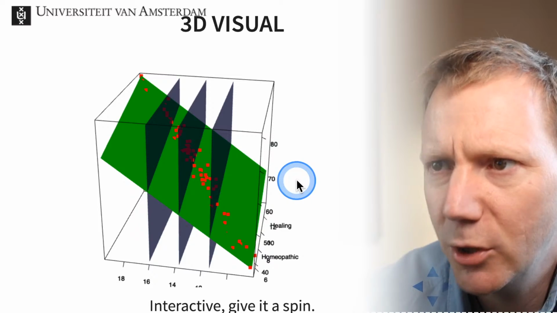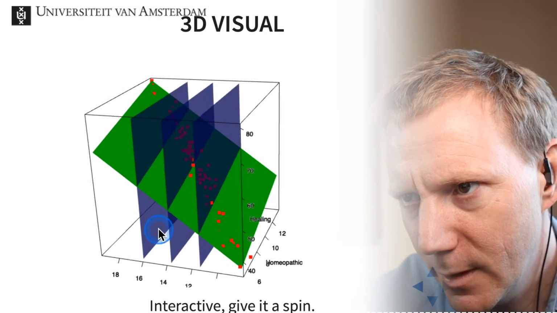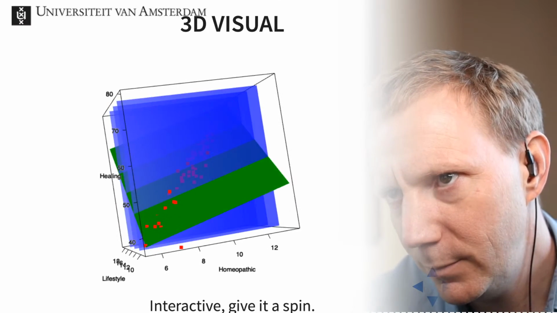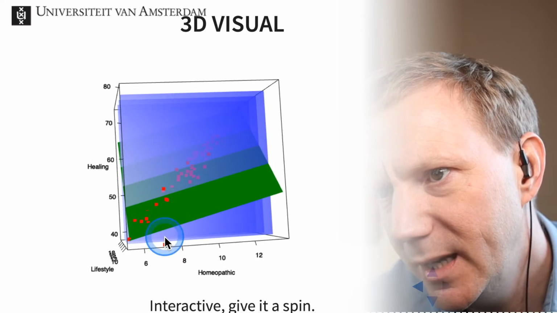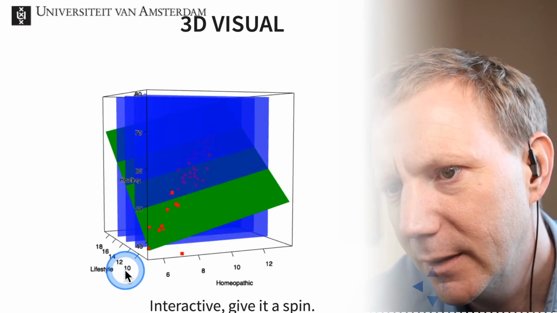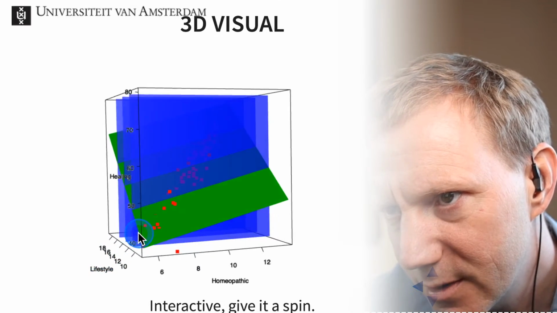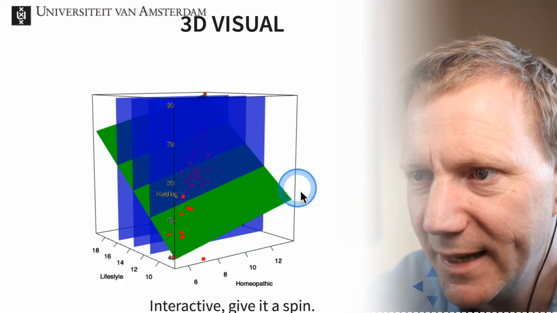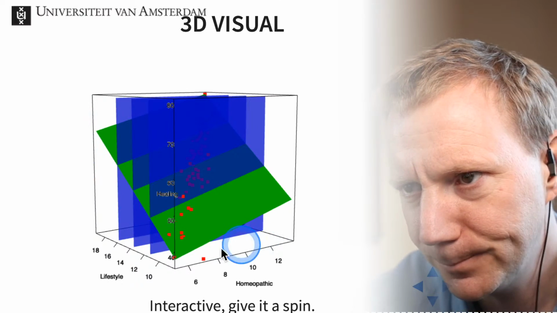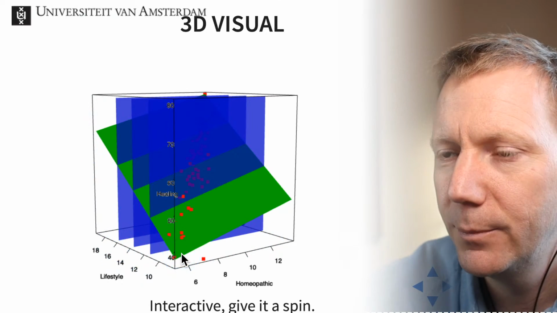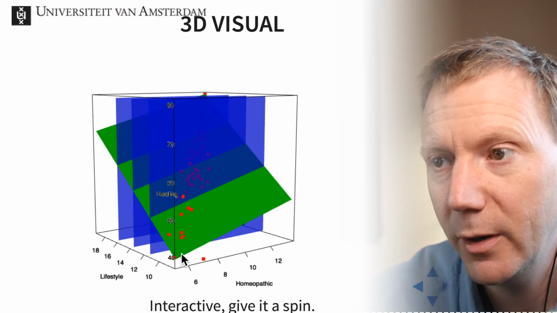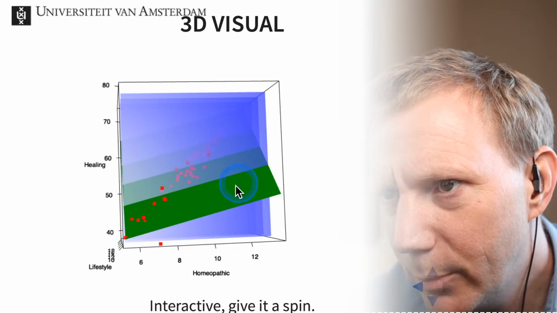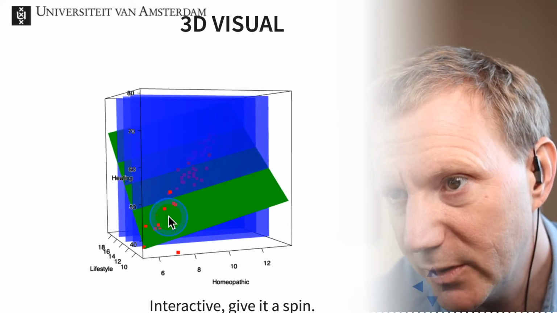So to determine what the relation is between homeopathic use and the speed of healing while keeping the healthy lifestyle constant, you actually fit a regression model, a regression plane, and that is the green plane that I've shown here, through these two variables.